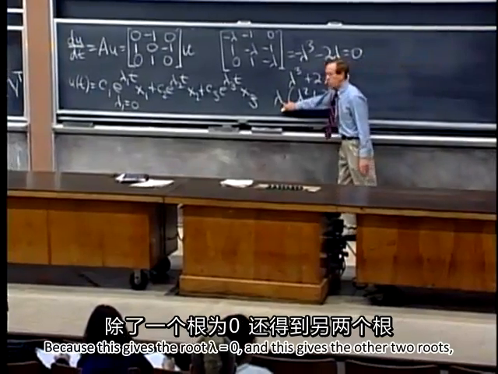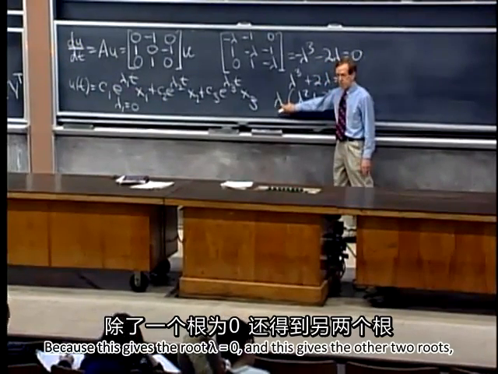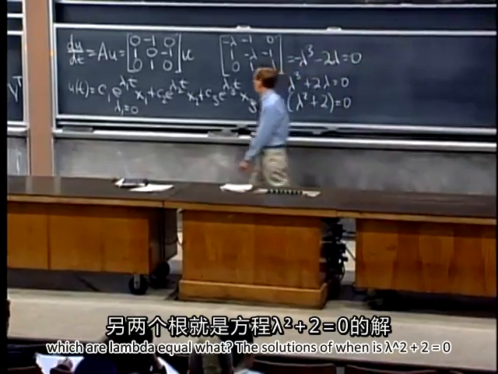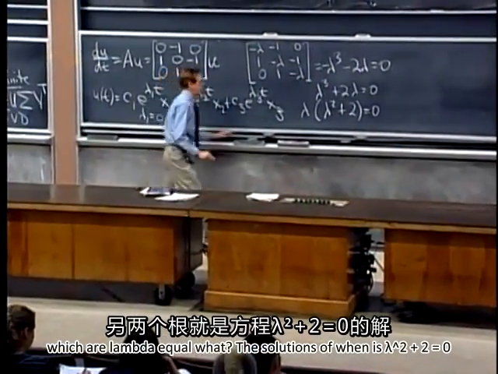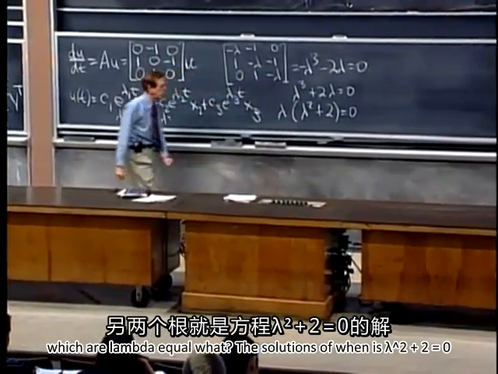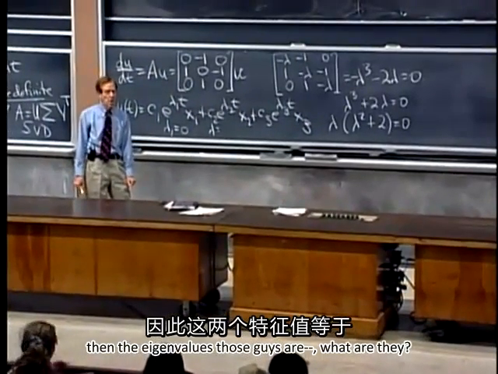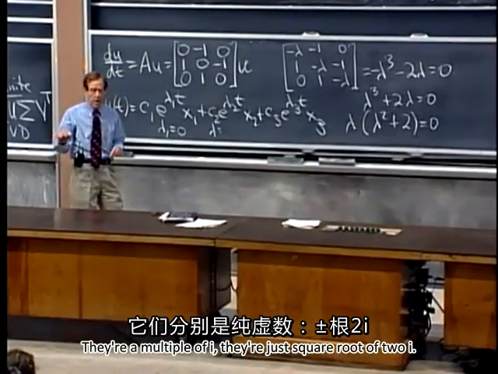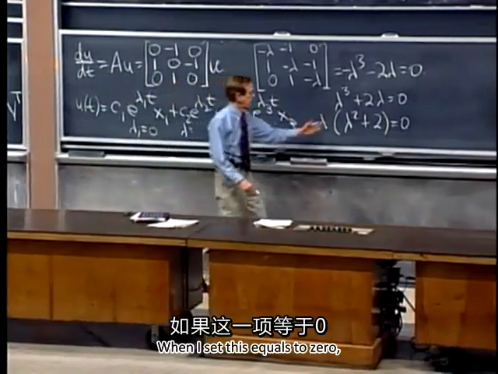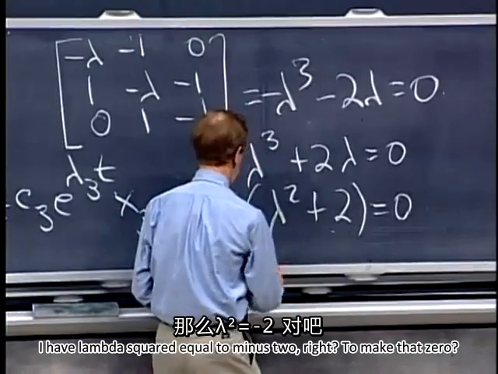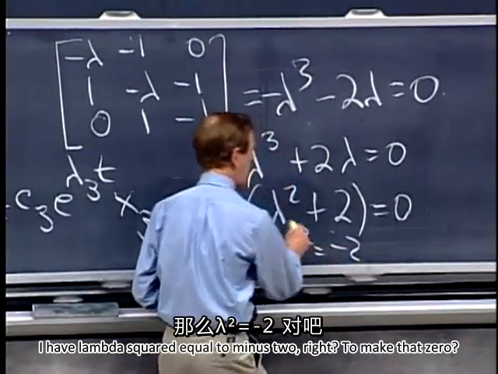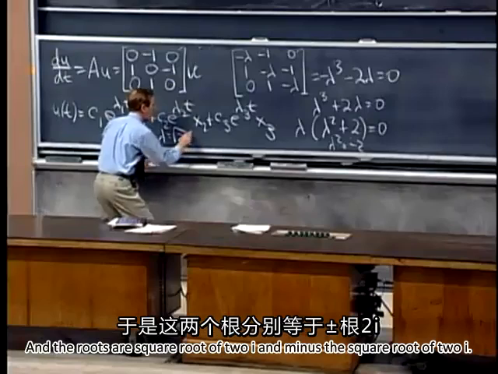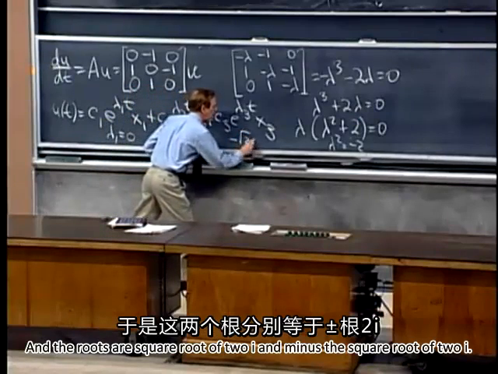Because this gives the root lambda equals 0. And this gives the other two roots, which are lambda equal what? When lambda squared plus 2 equals 0, the eigenvalues are a multiple of i. They're just square root of 2 i. When I set this equal to 0, I have lambda squared equal to minus 2, right? And the roots are square root of 2 i and minus the square root of 2 i.